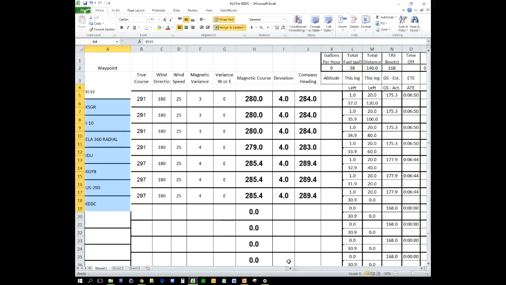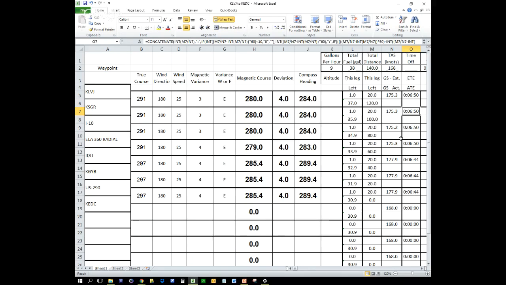Because what you're going to find is you're going to take off and you're going to fly to your first waypoint, Sugar Land Regional, and everything's going to be great, right? You're going to get there in 6 minutes and 50 seconds. You're going to fly right over the airport. And then you're going to get to your Interstate 10 waypoint, and you're going to be like a mile left of course. And it took you 2 minutes longer to get there.